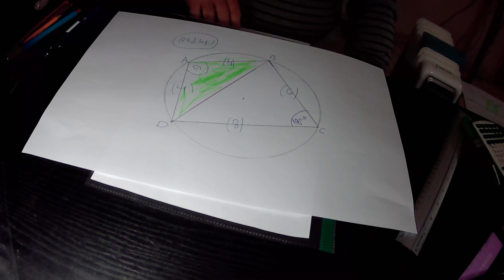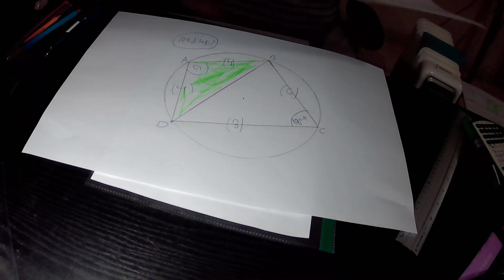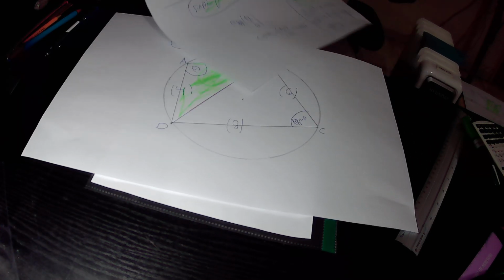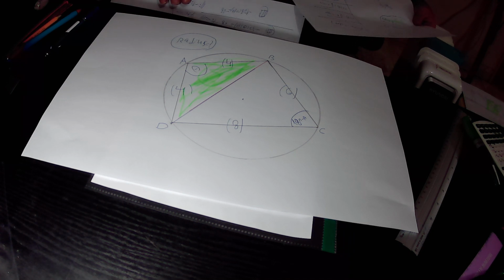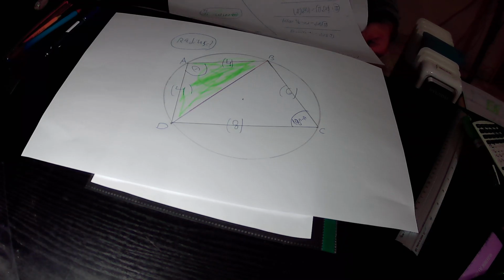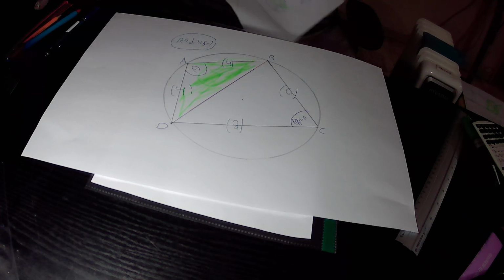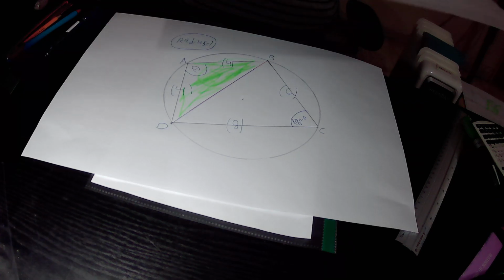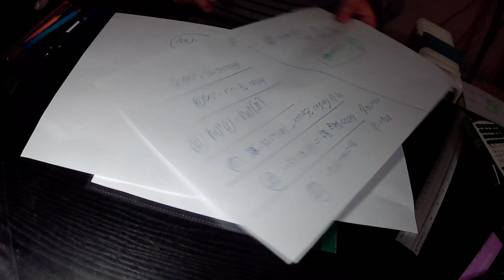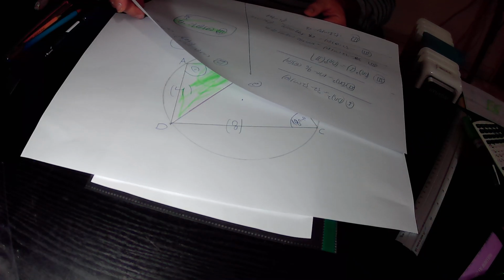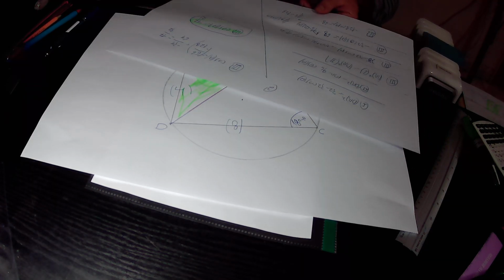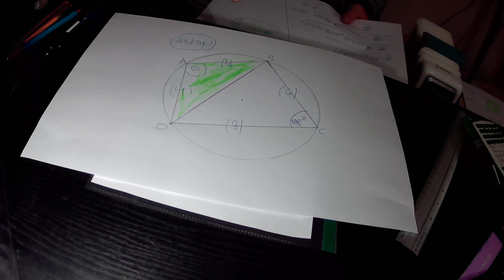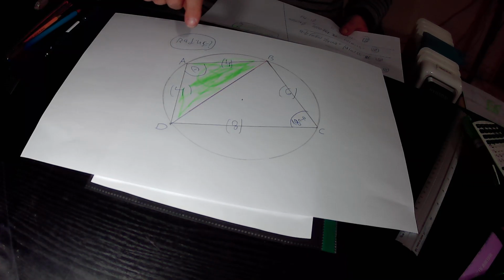So again, for this triangle ABD, the following equation is true: BD squared equals AB squared plus AD squared minus 2 times AB times AD times cosine theta.